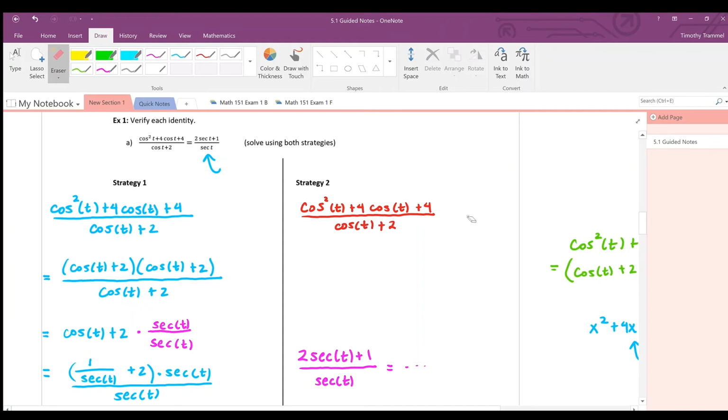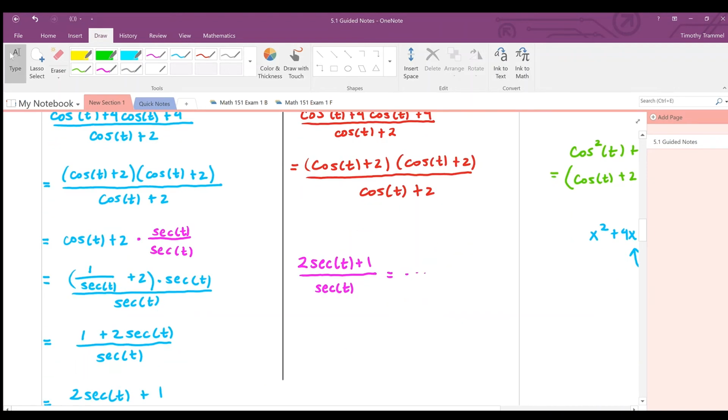Well, we could start off the same way. We could start the factoring. And next, we could divide a cosine of t plus 2 by a cosine of t plus 2.